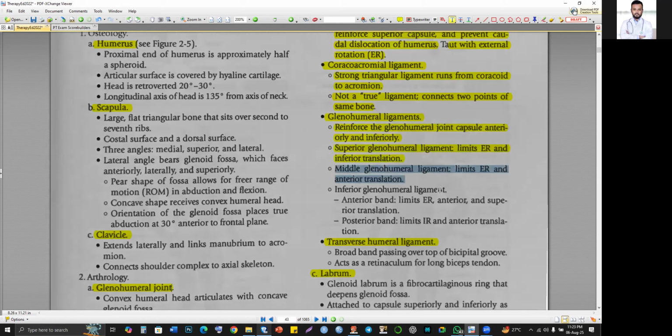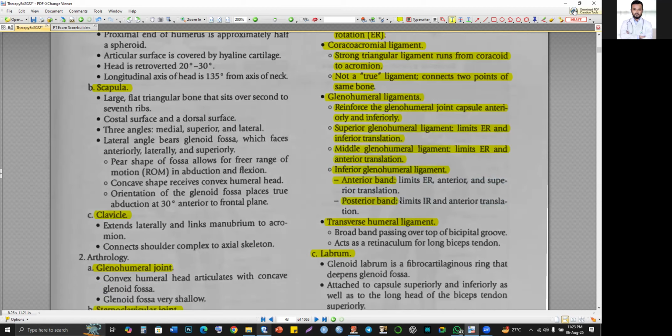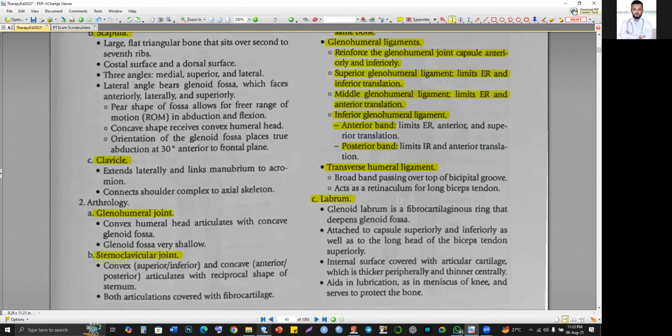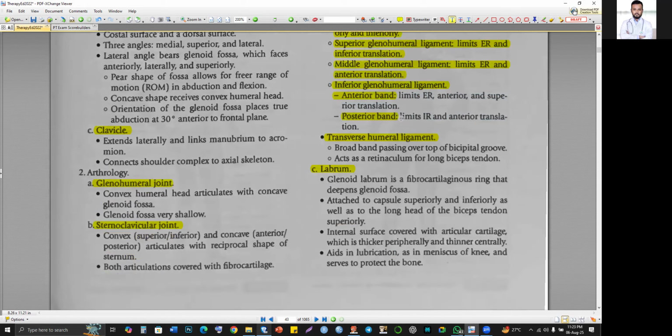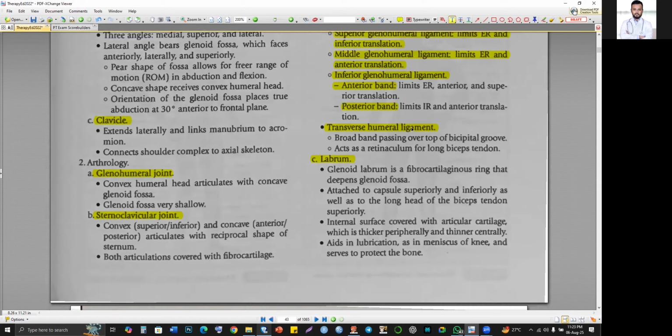Middle one helps to limit the external rotation and anterior translation. Inferior glenohumeral ligament: there are 2 bands over here. You can see the anterior band and there is posterior band. The anterior band limits the external rotation, anterior and superior translation, and posterior band helps to limit the internal rotation and anterior translation.